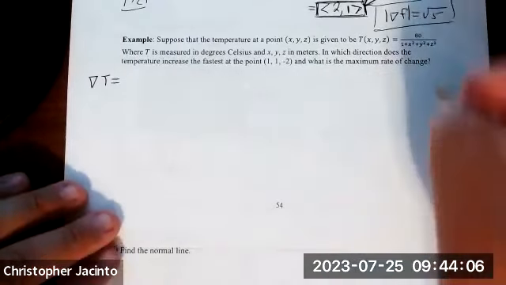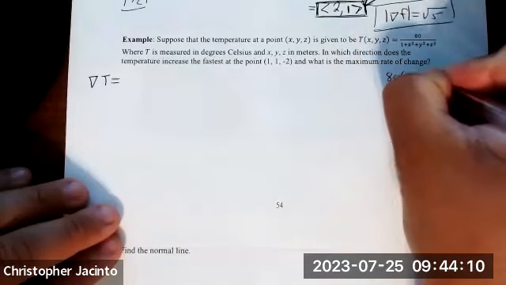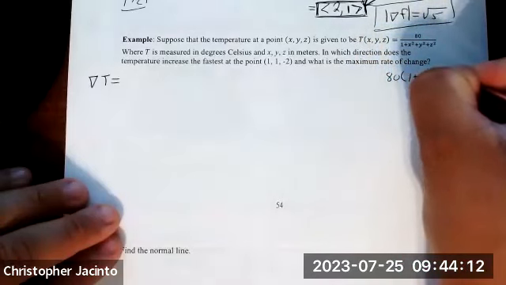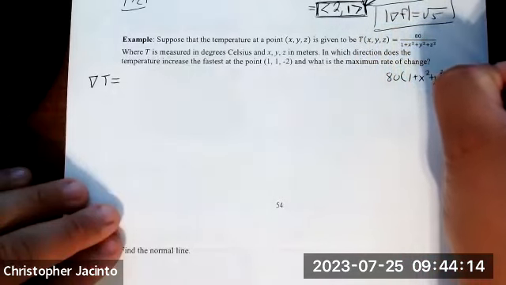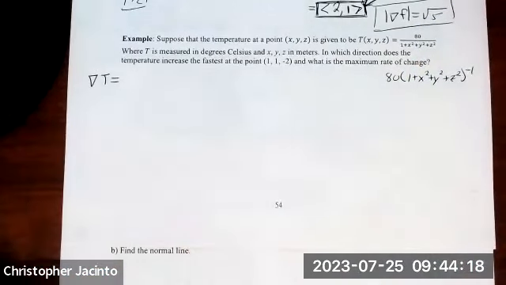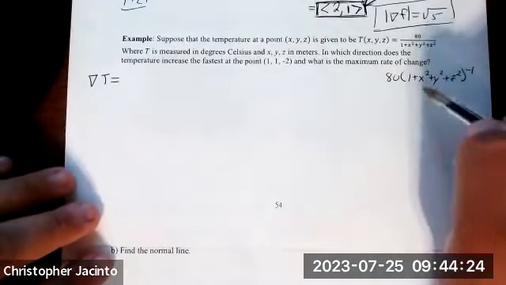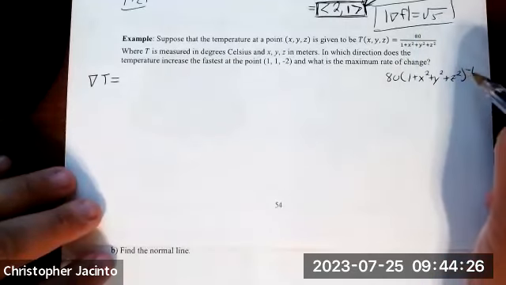Okay. Now, just for my sake, I'm just going to rewrite this, so it looks like that. Now if I take the derivative with respect to each one individually, it looks a little easier for me.